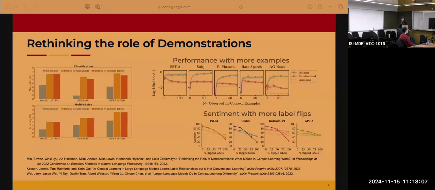On the right, follow-up work showed, if you see the top right, that if you keep scaling the number of examples with random labels, for some settings, you may get degradation in performance that's notable compared to the ground truth labels. That's the blue and the purple lines there. And on the bottom right, you can see how sentiment performance changes as we flip more and more labels in the prompt from positive to negative or vice versa.